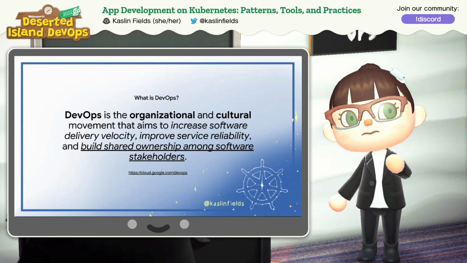That's kind of a dev side kind of thing. You can see how that relates to developers. Improve service reliability. That sounds kind of like site reliability engineering, which is kind of more on the ops side of the spectrum. And most importantly, DevOps is about building shared ownership among software stakeholders.